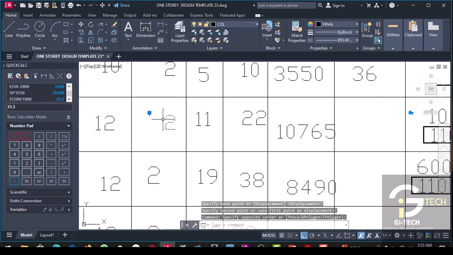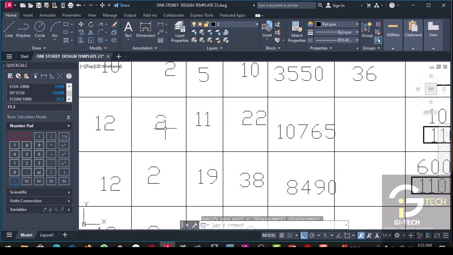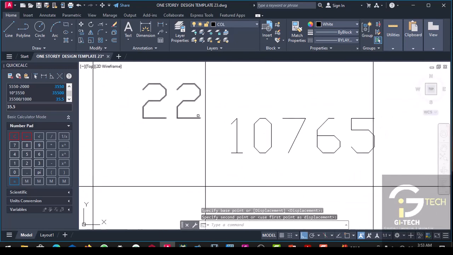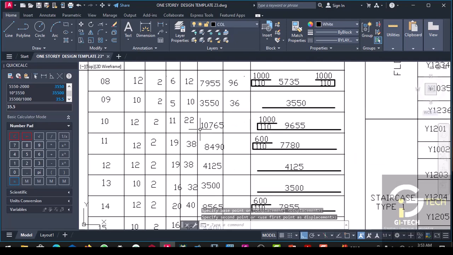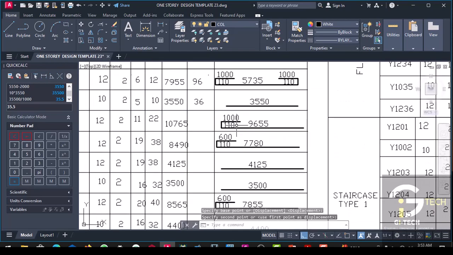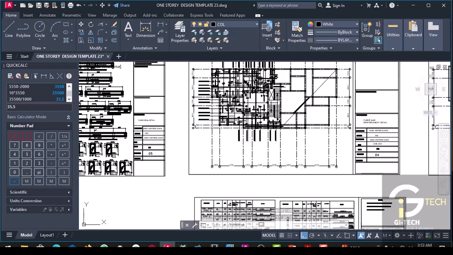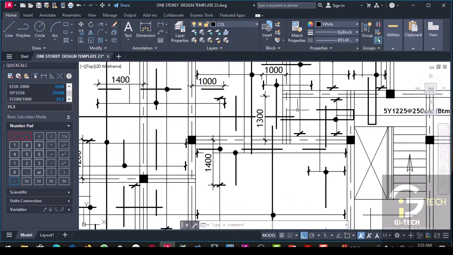Then number does is 2. So this gives us 22. So let's look at the shape of the reinforcement.